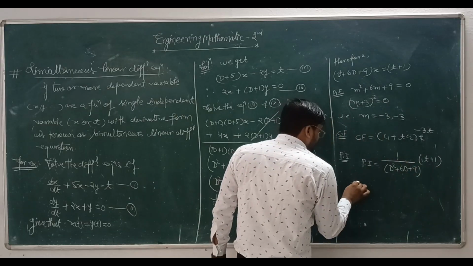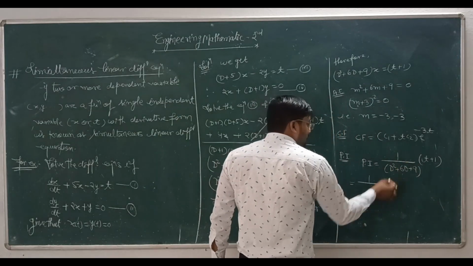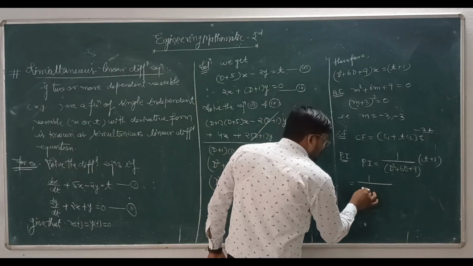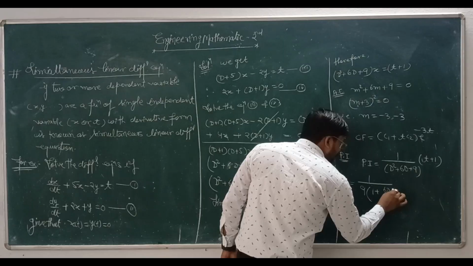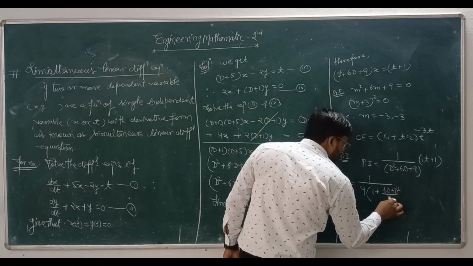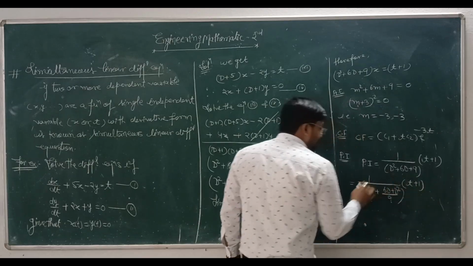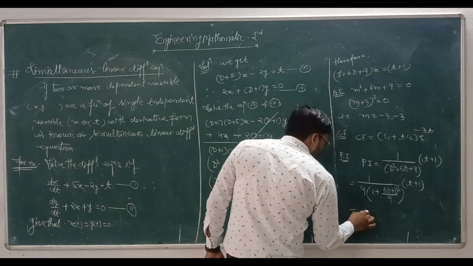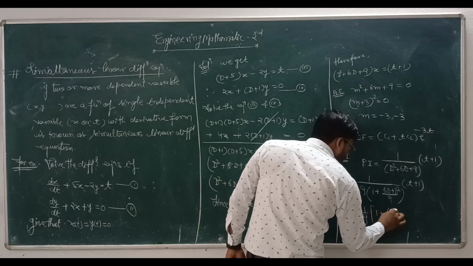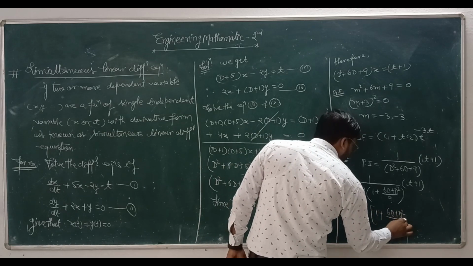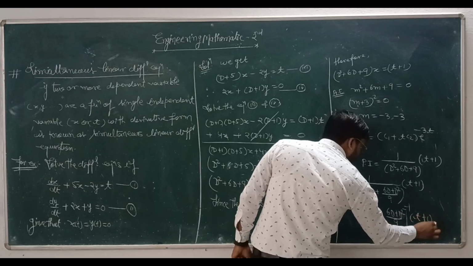Taking 9 common, you can write 1 upon 9 into (1 plus 6D plus D square upon 9) into (t plus 1). So PI is equal to 1 by 9 times (1 plus (6D plus D square)/9) to the power minus 1 into (t plus 1).